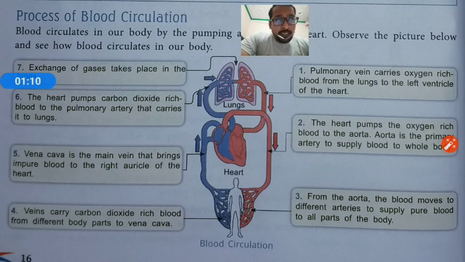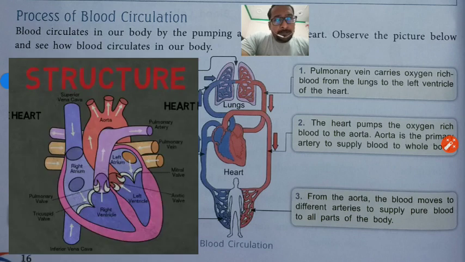If you can see the heart picture given in the book, there you see the left auricle also. So first the blood enters the left auricle and then the left ventricle.